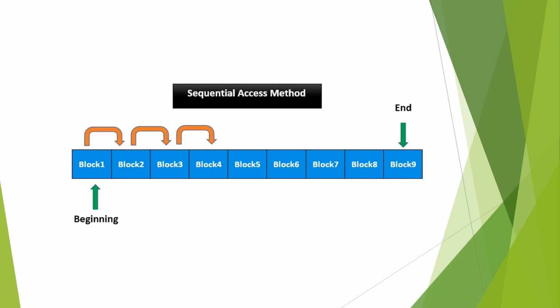It means it moves to block 2. Suppose the user wants the record present in block 8, then the pointer needs to travel through all the blocks until it reaches block 8. So in the sequential method, we are sequentially accessing the blocks.